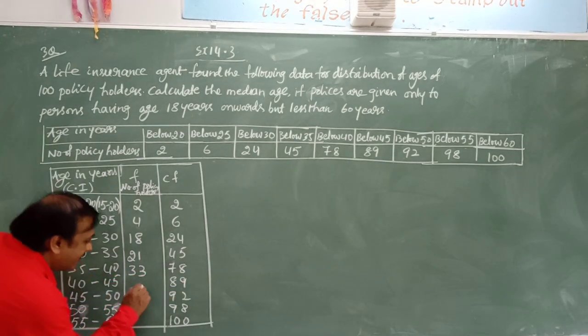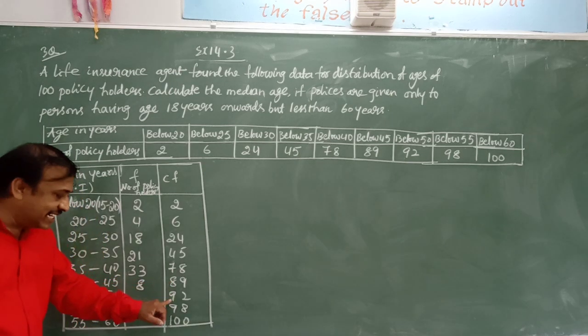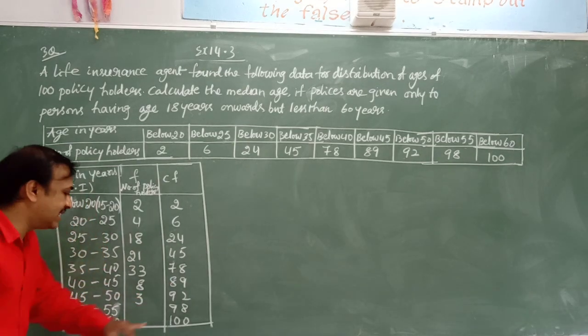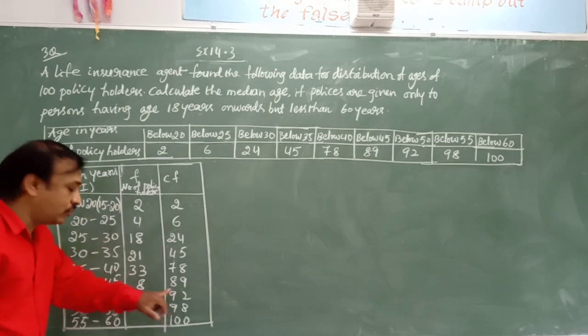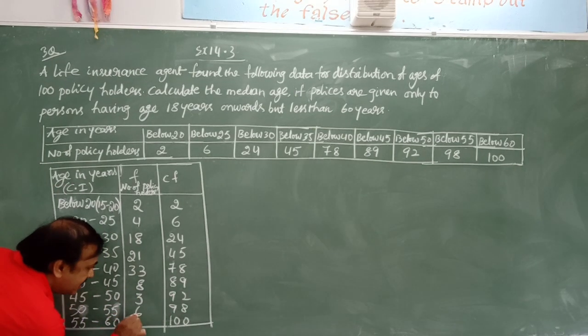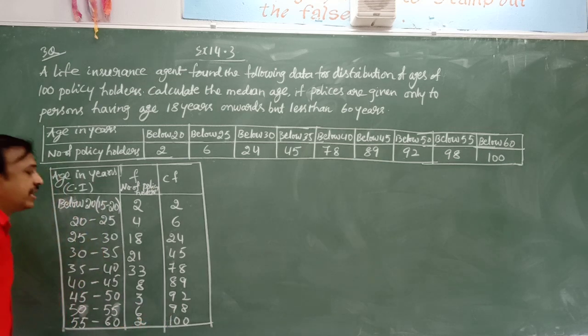So you will be having here 8. Then 92 minus 89 will give you 3. Next, 98 minus 92 will give you 6. Then 100 minus 98 will give you 2.